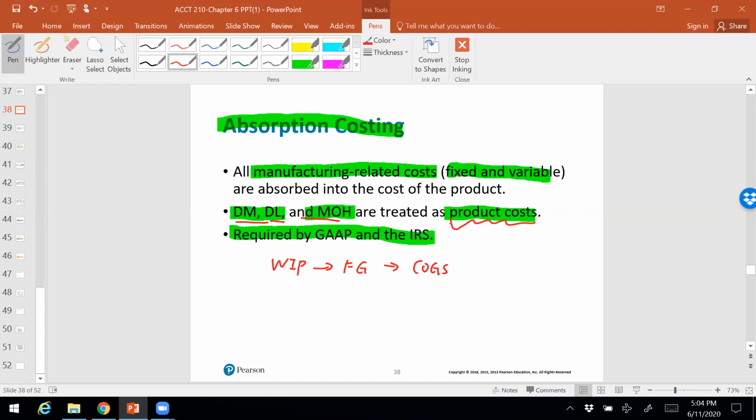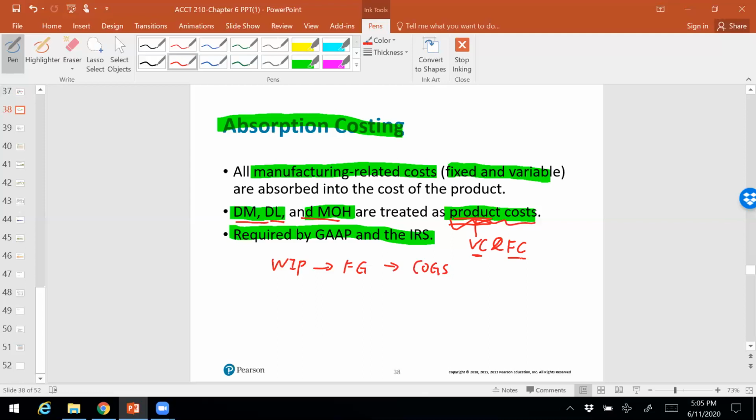So when we talk about product cost, we didn't care if it's variable cost or fixed cost. It can be variable product cost. It can be fixed product cost. Direct material, direct labor, they can be variable cost. But manufacturing overhead, like the utility, like the insurance, like the depreciation, they are fixed cost.